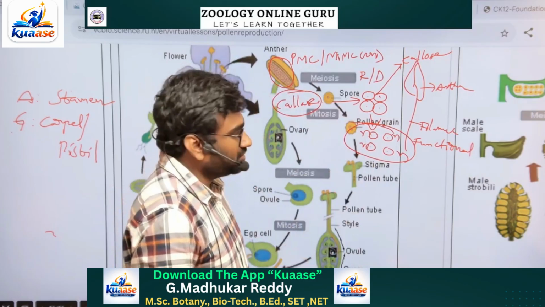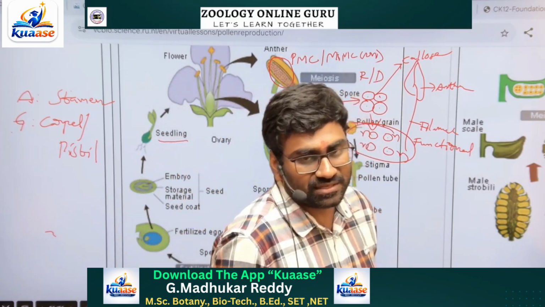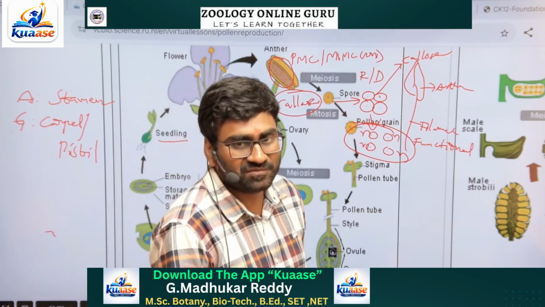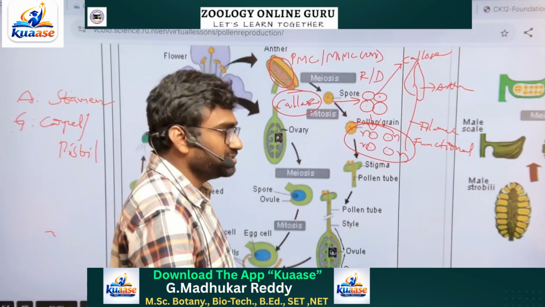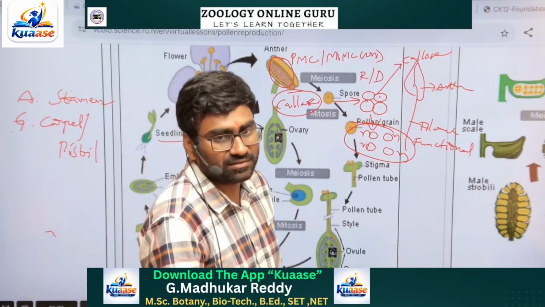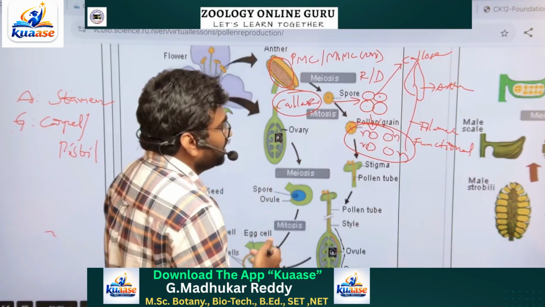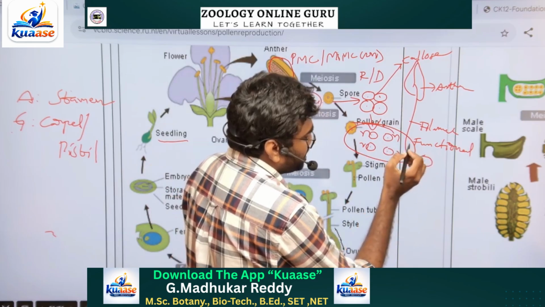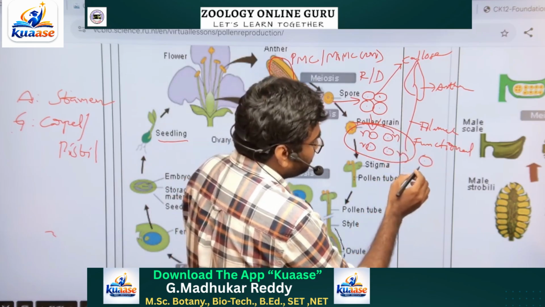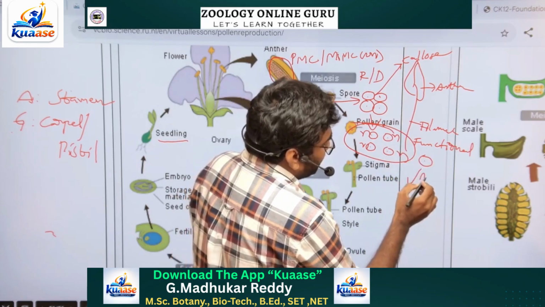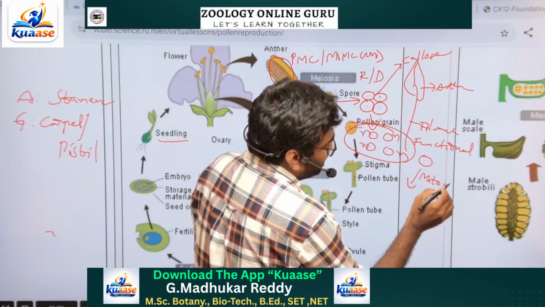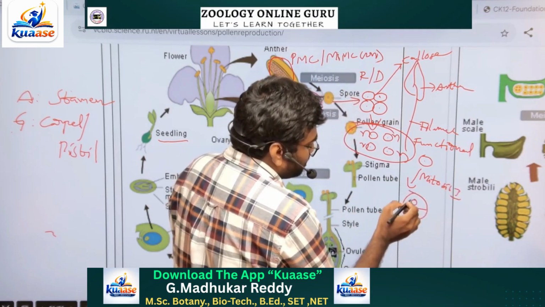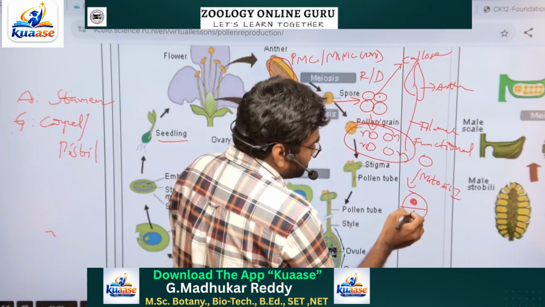This means every microspore can give rise to a male gametophyte, which carries the male gametes, which is important for the fertilization process, right. Each young microspore or immature pollen grain undergoes mitosis 1 division to produce the vegetative cell and generative cell.